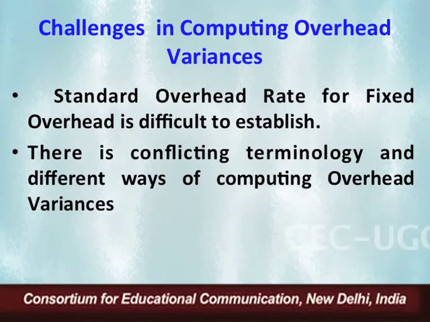Also, there is conflicting terminology, and there are different ways to compute overhead variance, which makes it very difficult especially for students, because different books have different sets of formulas, and students get confused about which formula to rely on and how to recall it.